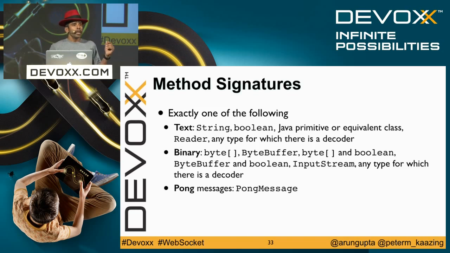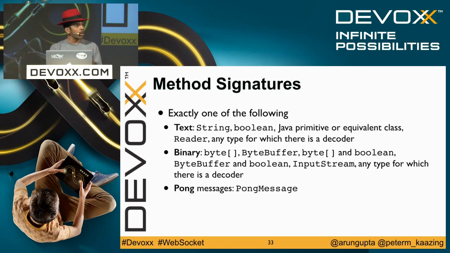In terms of method signature, I need to have a text payload or a binary payload. In terms of text, I could have a string, any Java primitive type, which is automatically converted, or a Reader if you want to read in a streaming fashion. In terms of binary, you can have a byte array, a byte buffer, a byte array and a boolean, which means you're receiving in chunks, a byte buffer and boolean, or an input stream.